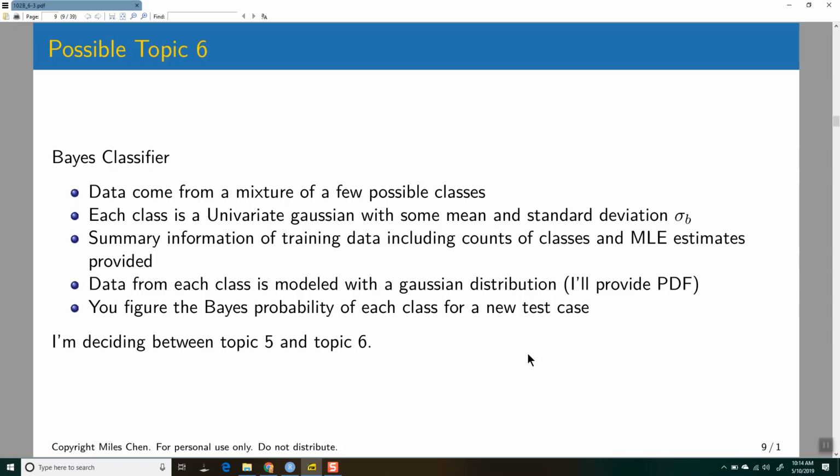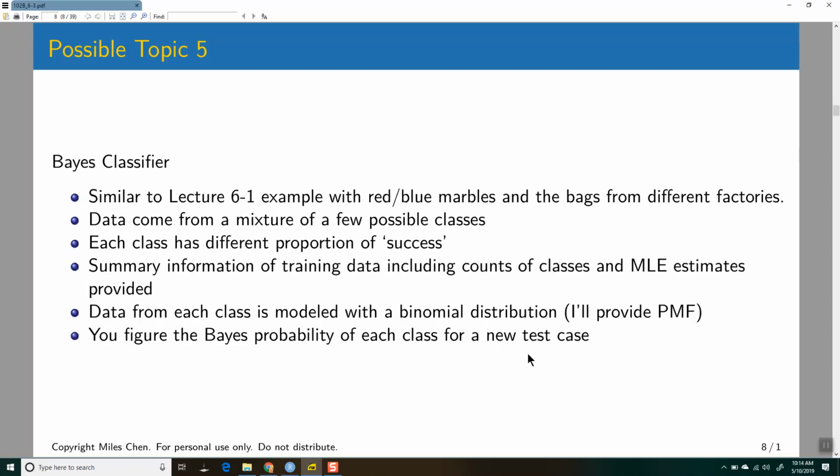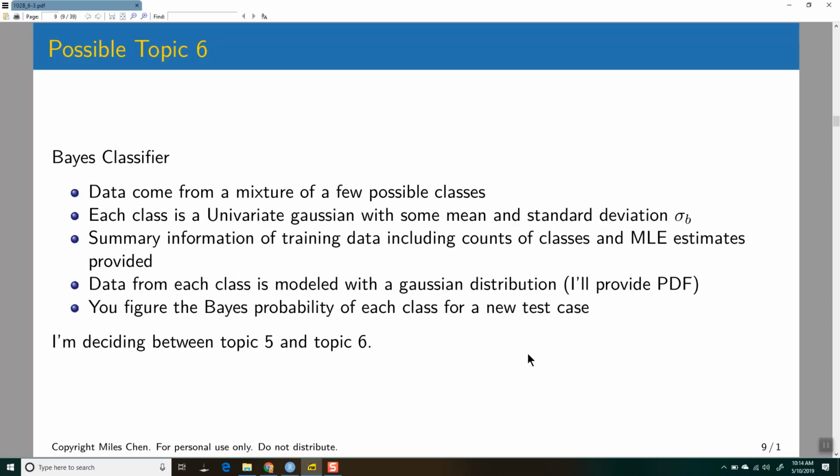Okay, so this is the Bayes classifier for a fairly simple thing. It's not going to be a multivariate Gaussian for this. So you've got a Bayes classifier problem there. Okay. Questions?